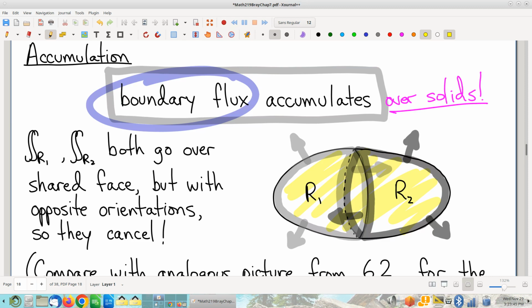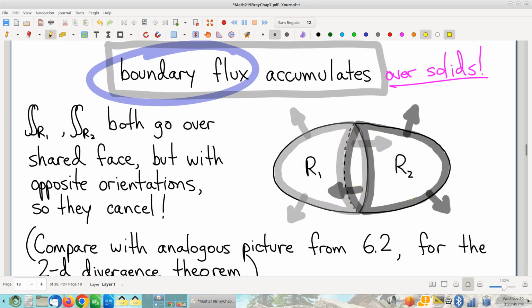So let's confirm that this works. Looking at the left half over here, the boundary consists of this piece, which is oriented that way, and this piece, which is oriented that way, away from the solid. R1 being the solid we're talking about, away from the solid is like so.